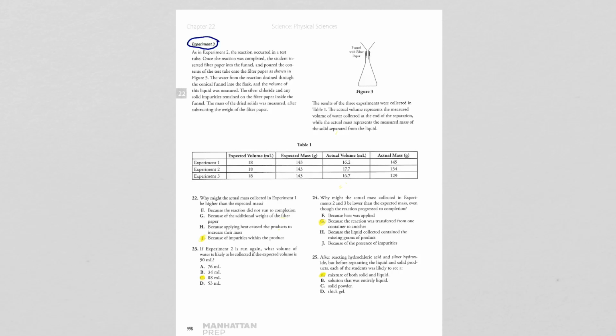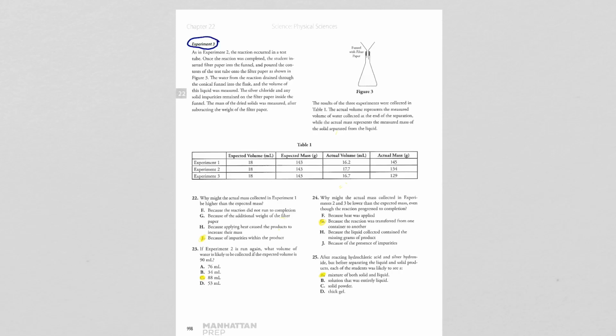For question number 23, it says, if Experiment 2 is run again, what volume of water is likely to be collected if the expected volume is 90 milliliters? So what we are looking at here is Experiment 2. The expected volume was 18 in the experiment. The actual was 17.7.